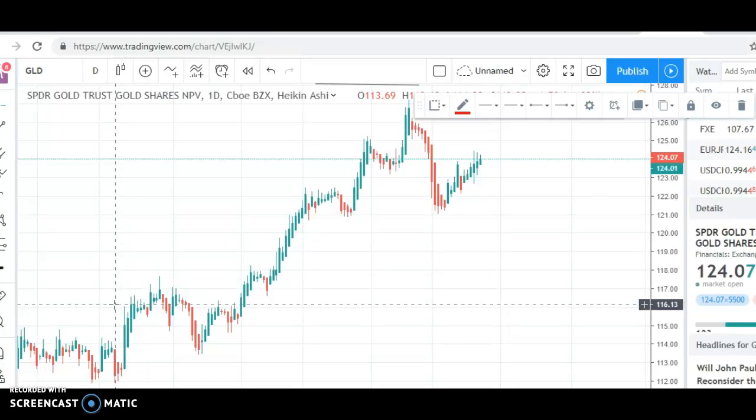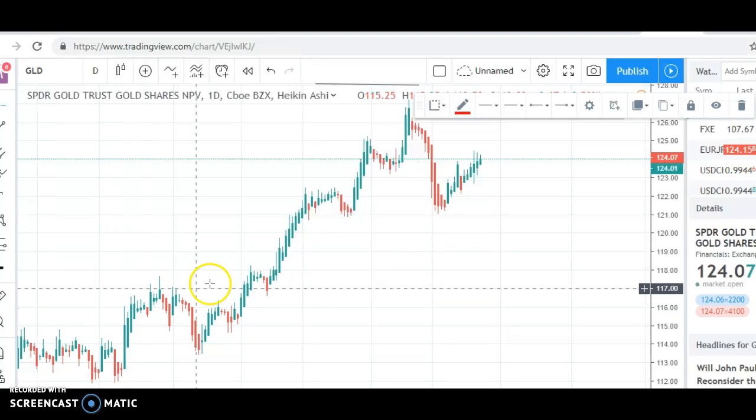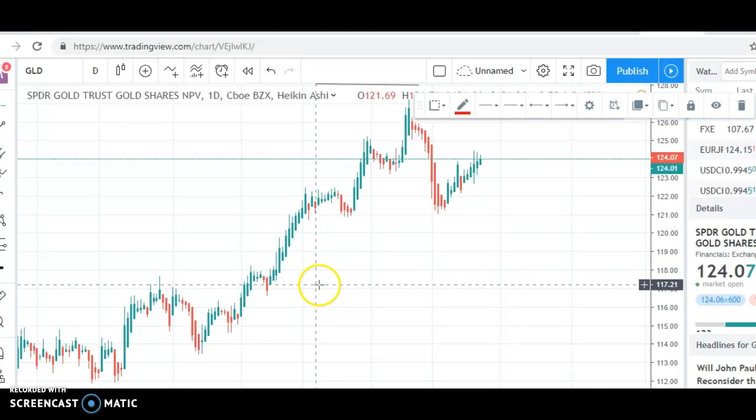The US dollar has been pretty weak, and gold has been moving upward. You can see an upward trend in gold on the daily time frame for the past couple of weeks. It's been going up. Are you getting that?